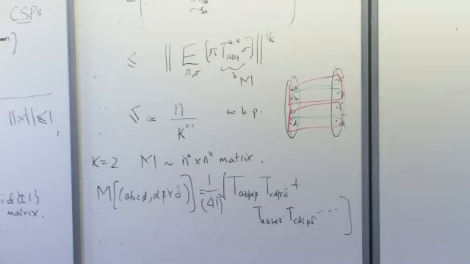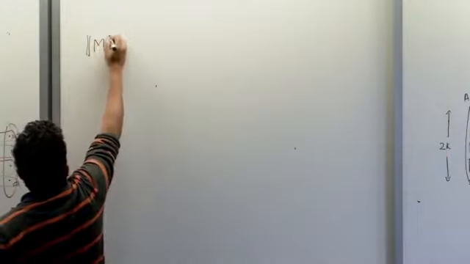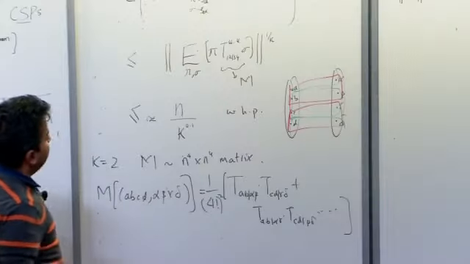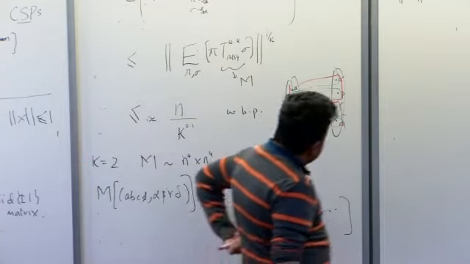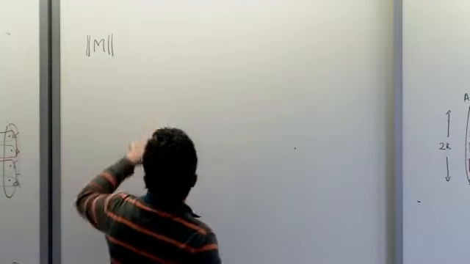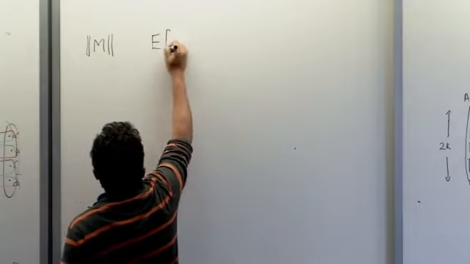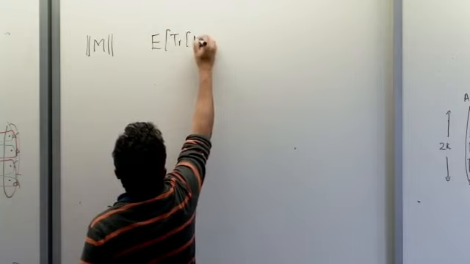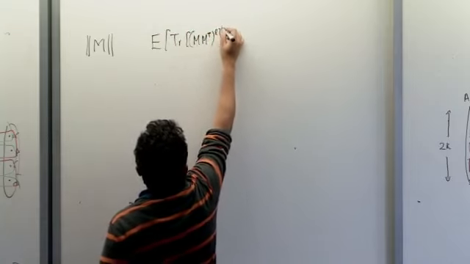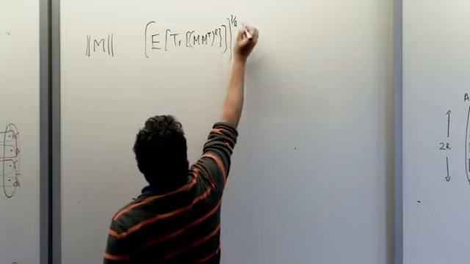We want to upper bound the spectral norm of this matrix M. But since spectral norm is hard to get a handle on, we'll just use the expected trace of a high power of the matrix as a proxy.